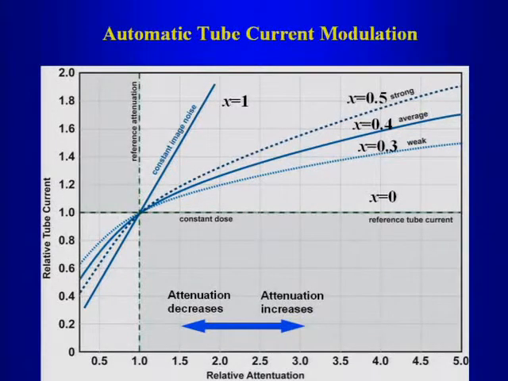A more reasonable modulation strength is between 0 and 1. It should be noted that some manufacturers apply different modulation strengths, and this fact should be realized so that you can implement it appropriately in practice.